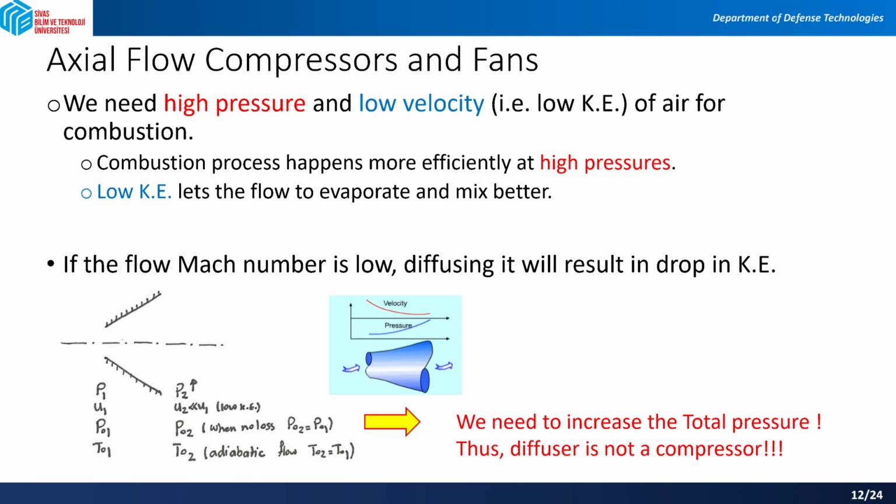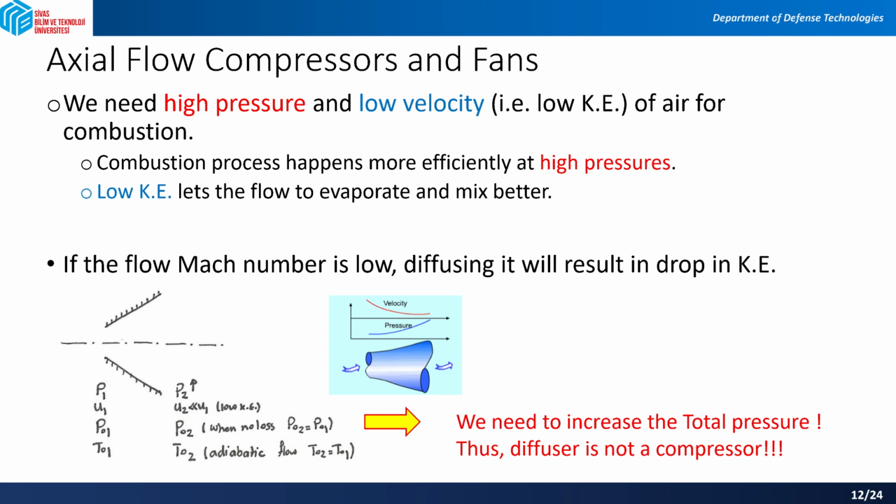If the flow comes from left to right, and it passes this diffuser, if its pressure is P1, its velocity is U1, and total properties are P01 and T01, then after passing this diffuser, you have a flow whose pressure is increased, so it is diffused. And its velocity is also decreased. So its kinetic energy is decreased.